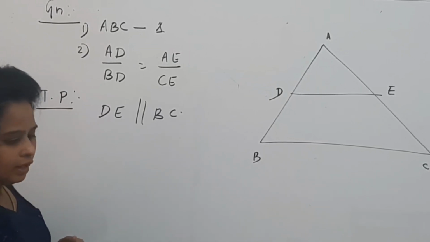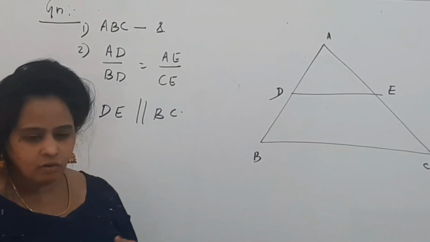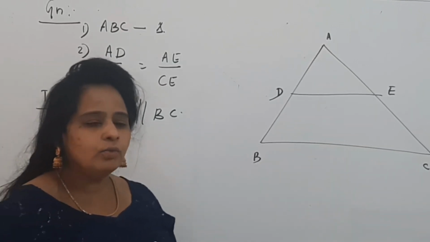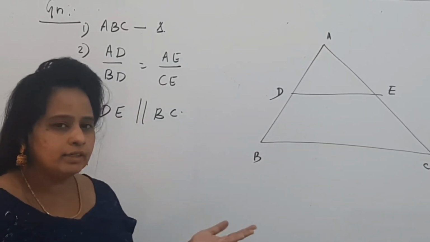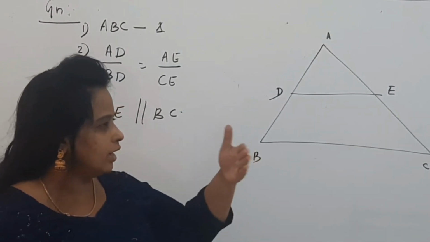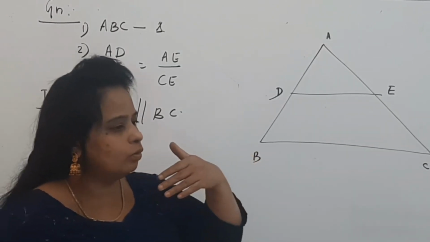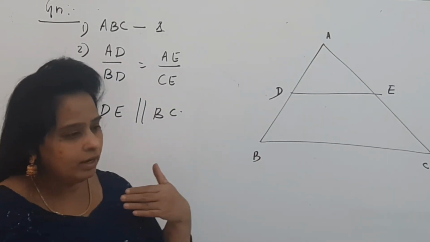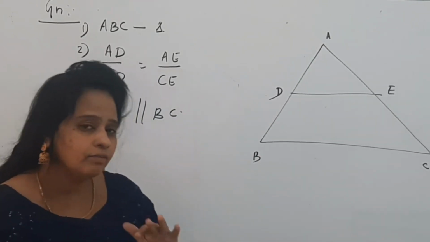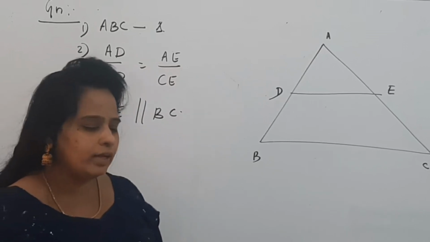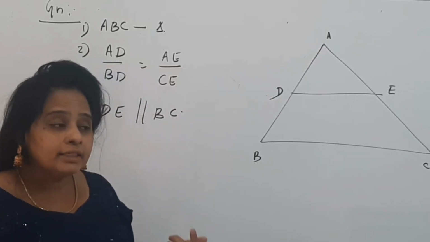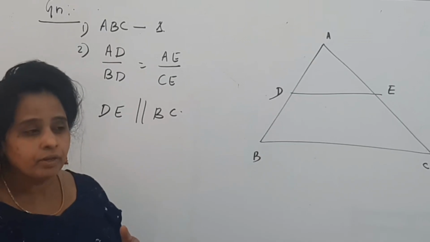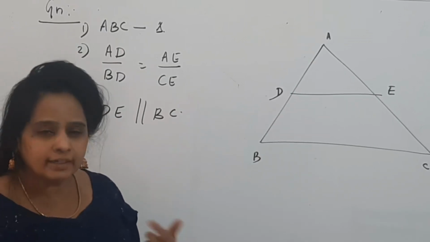Why? Because in the 9th standard and 10th standard especially, you will be proving the theorem as we have proved the Thales theorem, taking the concepts that we have studied, applying those concepts, and then proving the theorem. That is one way of proving. It's correct. But the other way we prove is by contradiction.